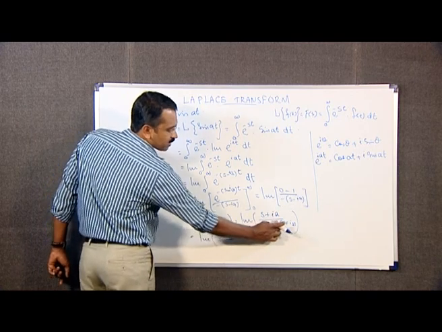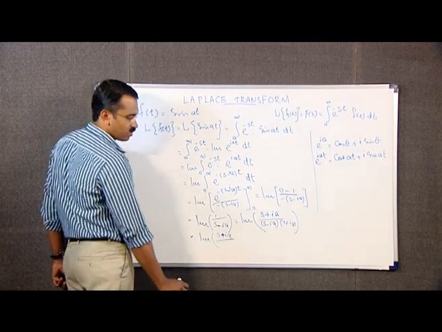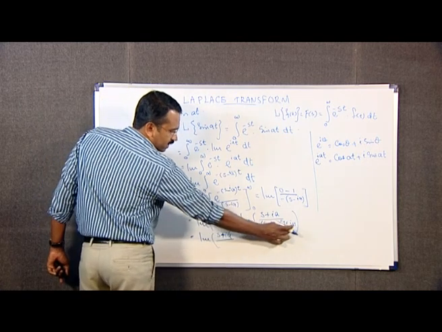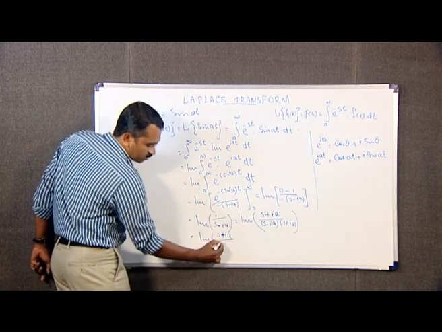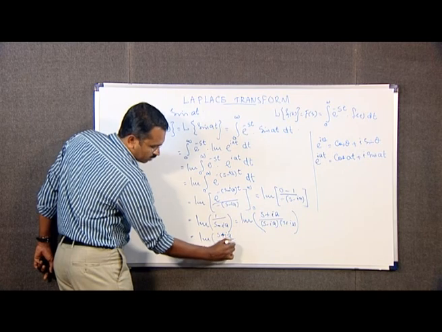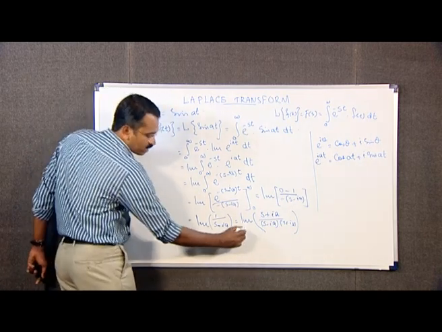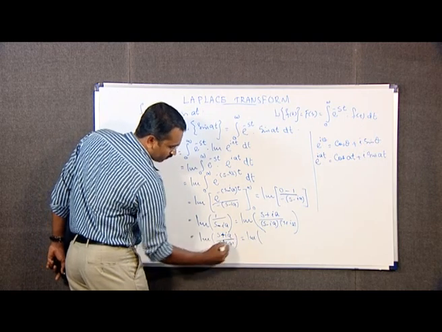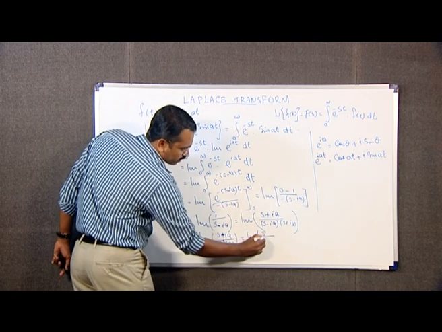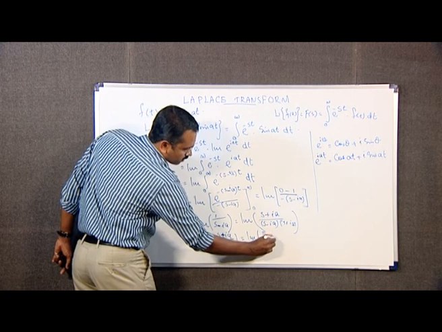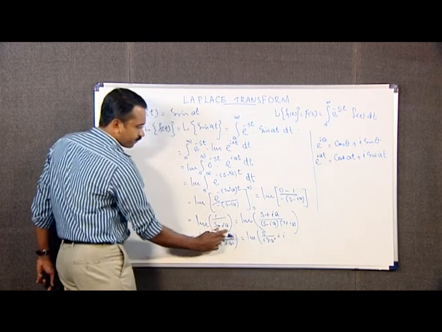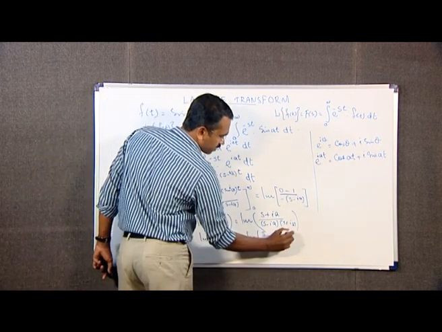This is the imaginary part of s by (s squared plus a squared) plus i into a by (s squared plus a squared).